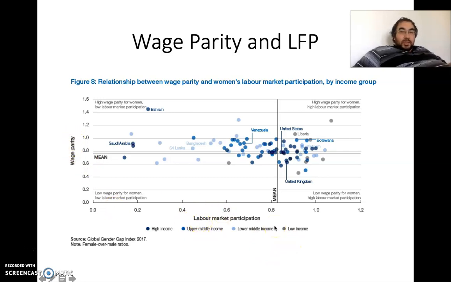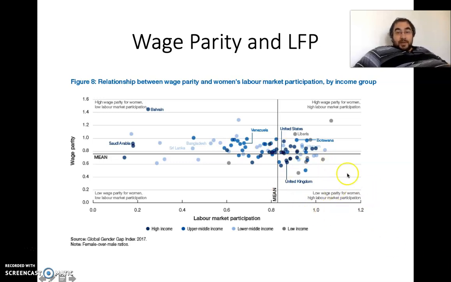Well, we show correlation of different variables. As you see, wage and labor market participation, when we look at that, there are some countries where both of them are high, and there are some countries where wage is relatively high, but labor market participation is low. This might be, by the way, because in some countries women might only be able to find positions at the higher levels, but low-skilled jobs might be closer to women.